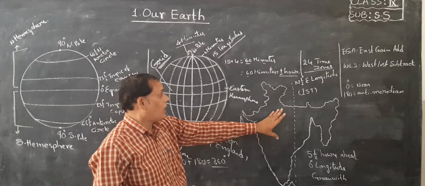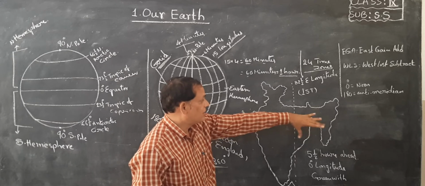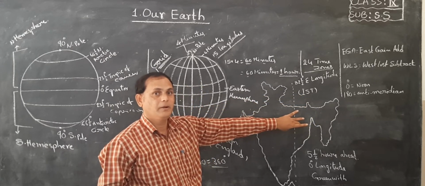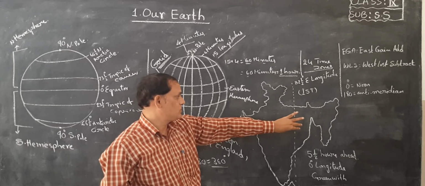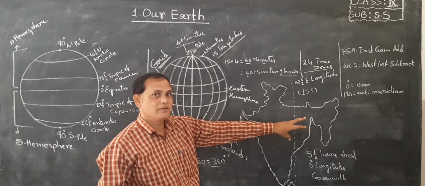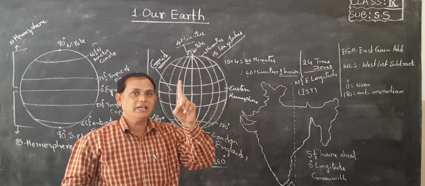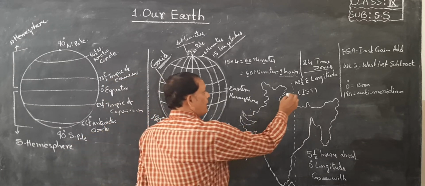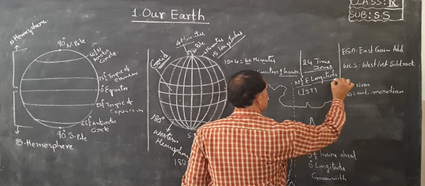But now listen, the confusion will arise. So that is why our Indian geologists and scientists took one longitude as a standard meridian. That is 82.5 degree east longitude.